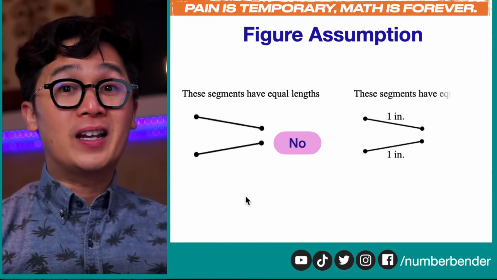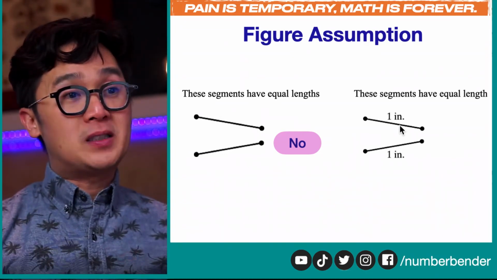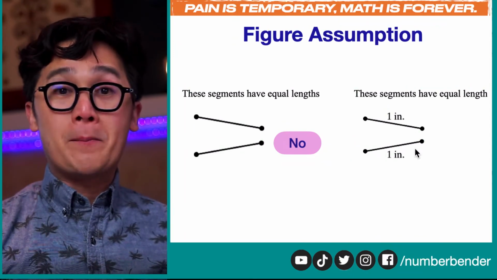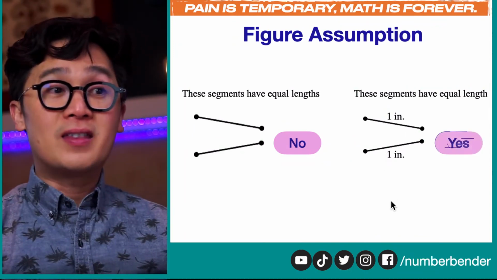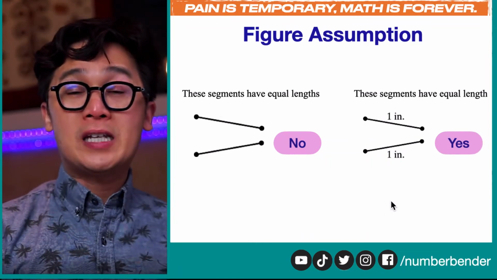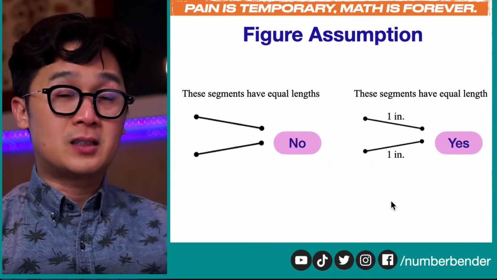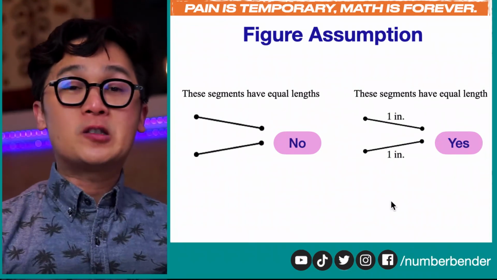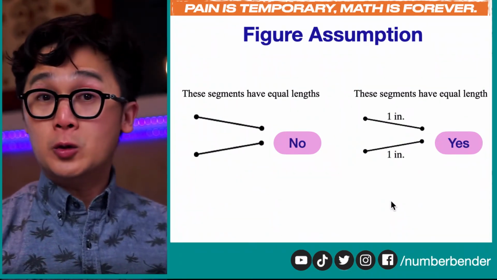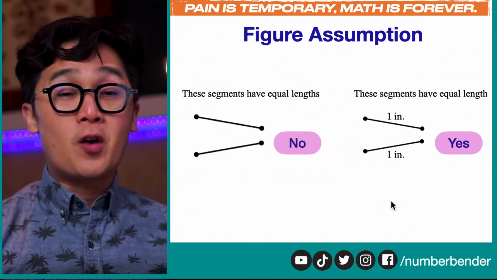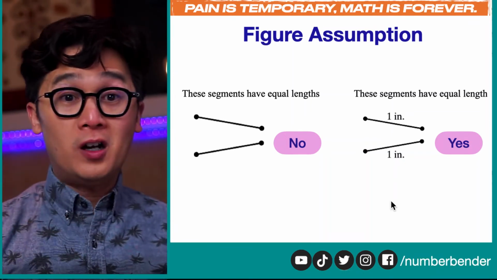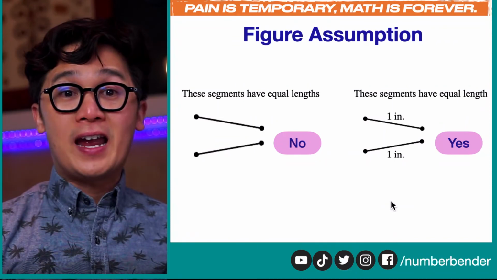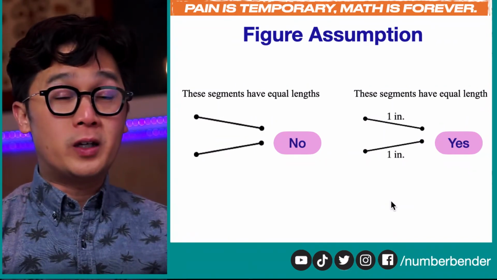But if there is a label, specifically a 1-inch measurement for line 1 and line 2, now we can verify that these are indeed two segments with equal lengths. So when we are making a conclusion, we need to base it on facts or some agreed upon axioms or postulates, to be able to confidently conclude that our argument is true.